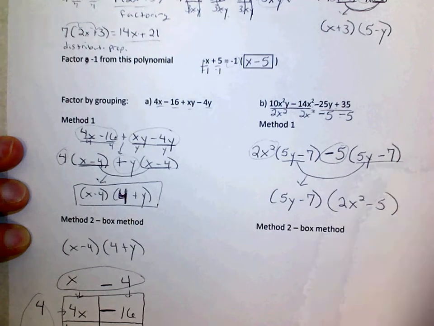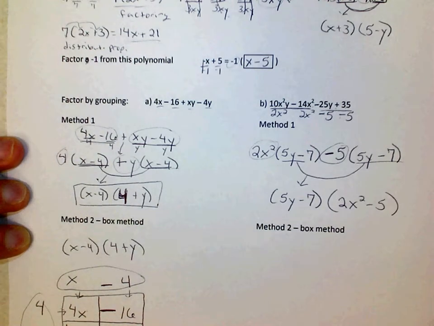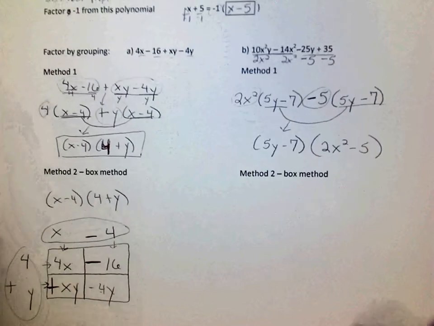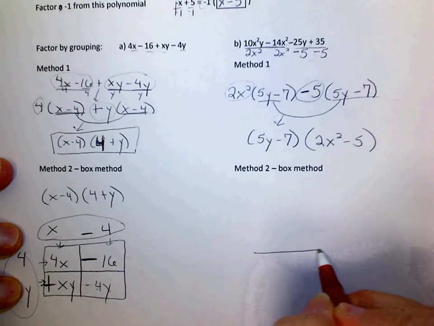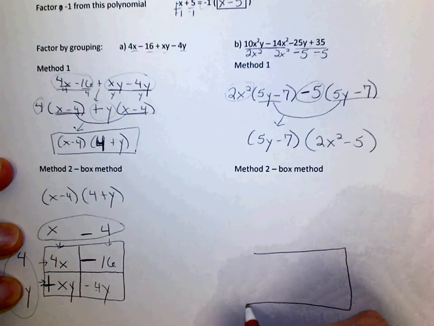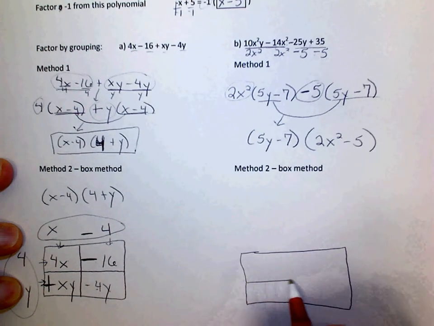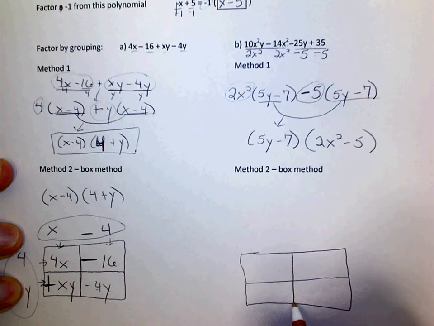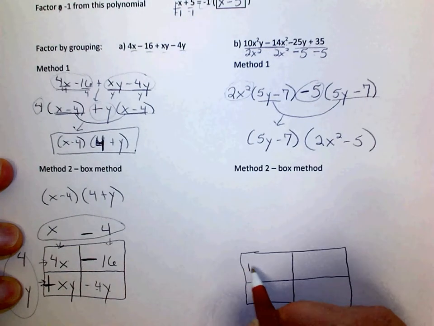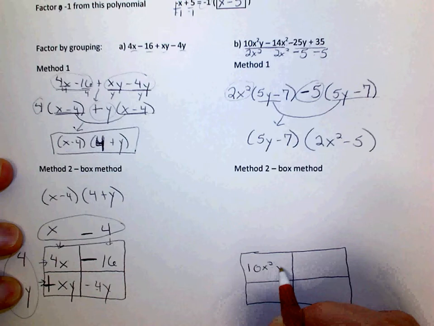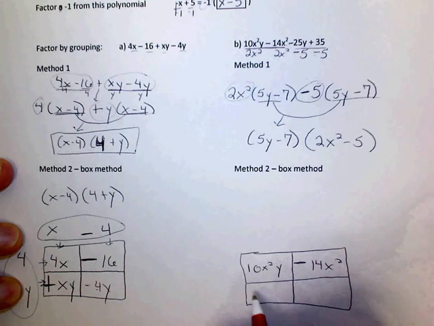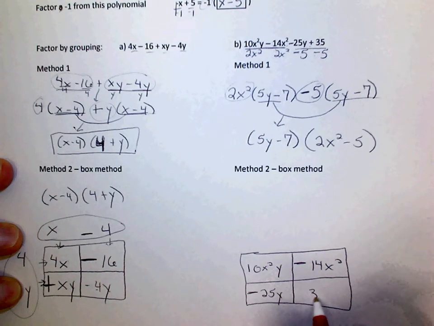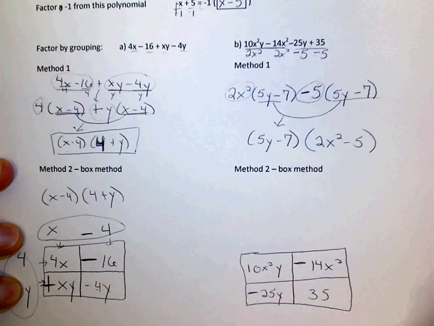Now, let me show you how much nicer this is using box. Draw a rectangle, split it in half both ways, and then just fill in 10x squared y minus 14x squared minus 25y and positive 35. Let's bring our signs out.